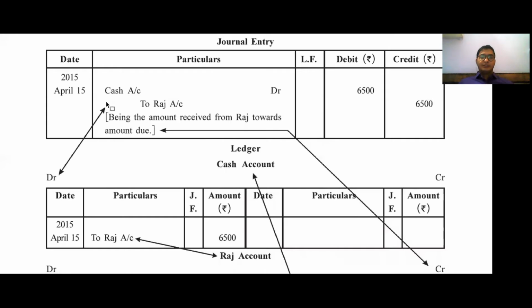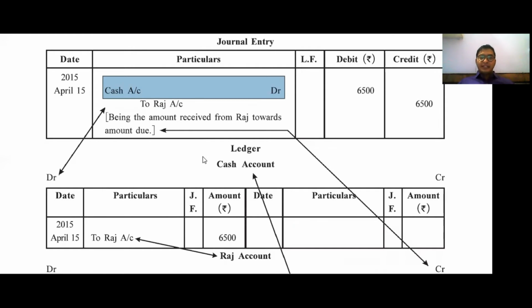here cash account debit, date 15th April, amount 6500, name of opposite party is Raj.